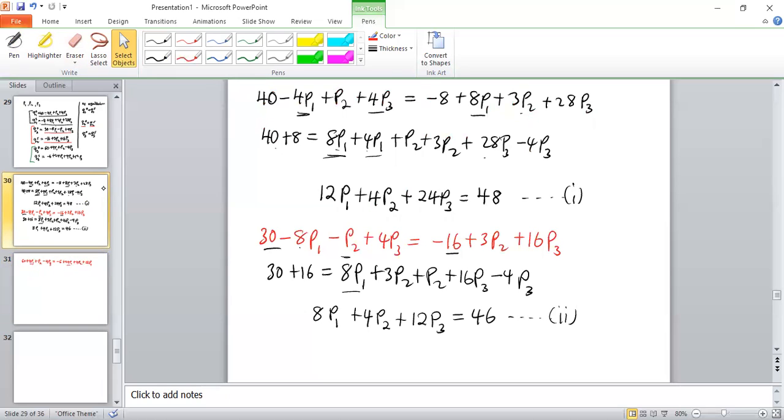There it says 40 plus 8 is equal to 8p1 plus 4p1 plus p2. It's supposed to be minus p2. Isn't the sign supposed to change in the process? Yes, it's supposed to change. So here it's supposed to be minus.